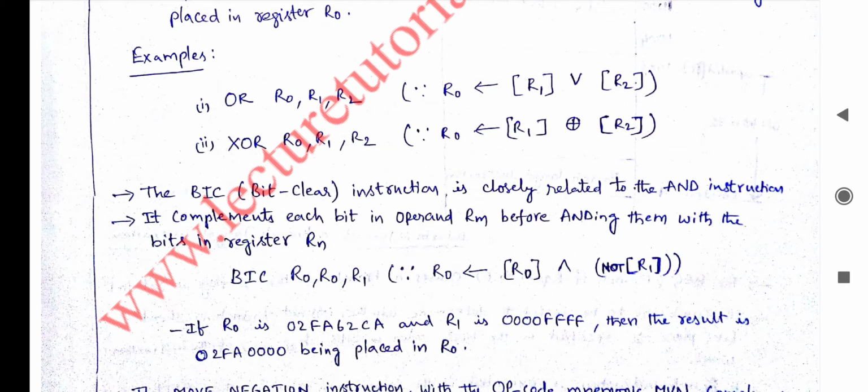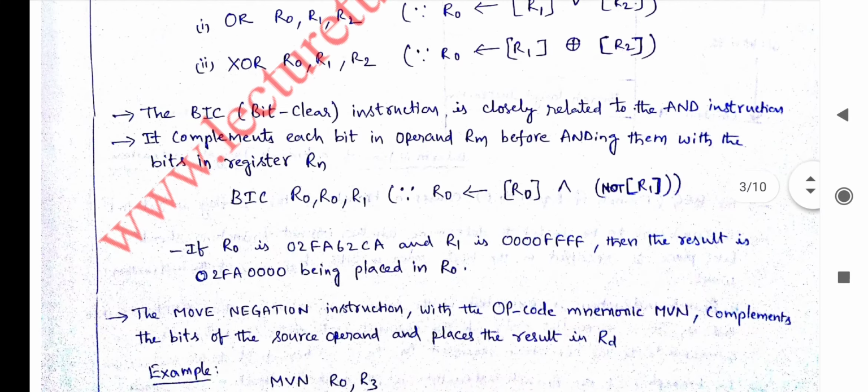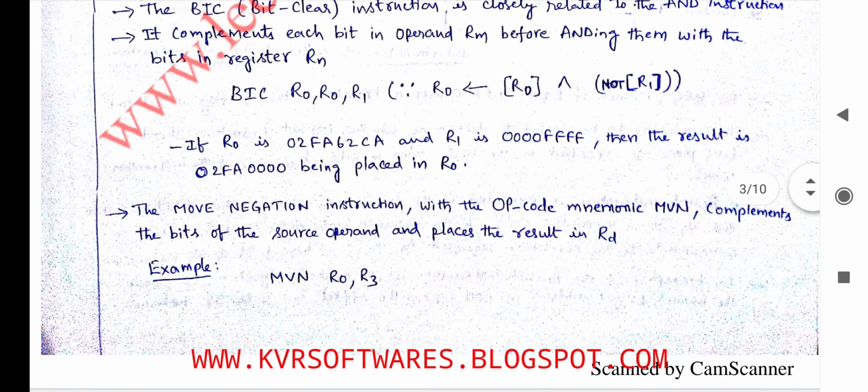The complement of R1 becomes 1111 and so on, and after the complement, we perform the AND operation between the result, the complement of R1, and the content stored in R0, right?